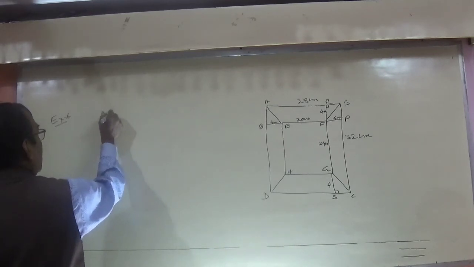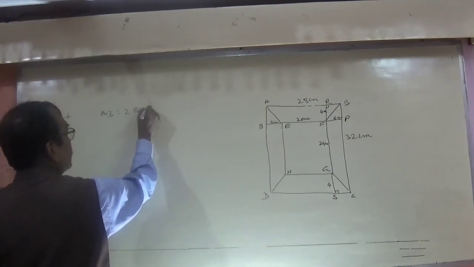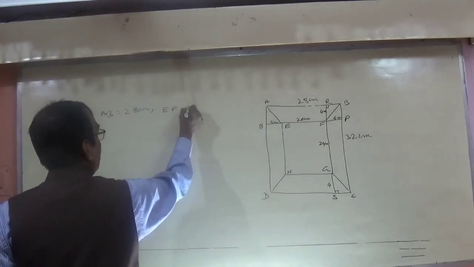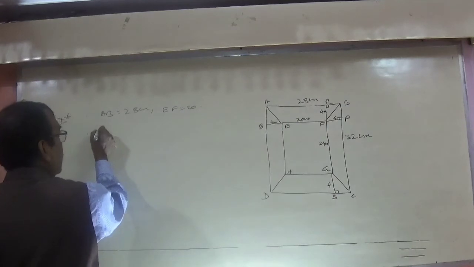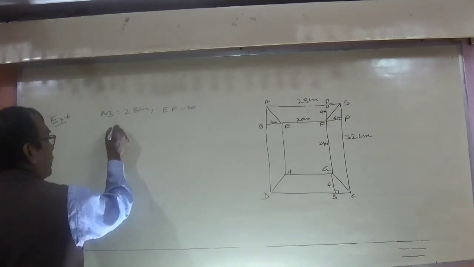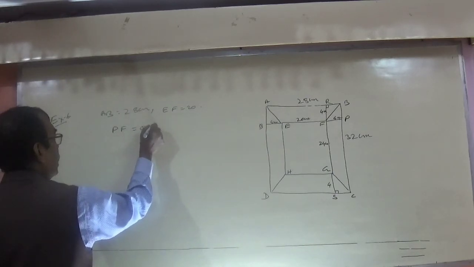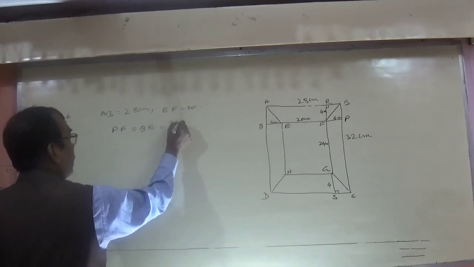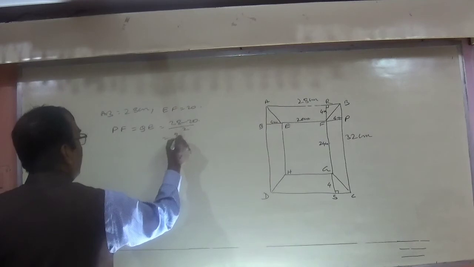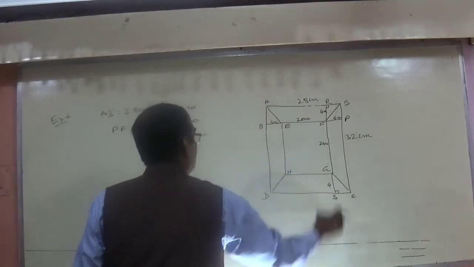Since AB is equal to 28 centimeter and EF is equal to 20 centimeter, therefore PF equals QE is equal to 28 minus 20 by 2 is equal to 8 by 2 is equal to 4. Why by 2? Because each part is equal.